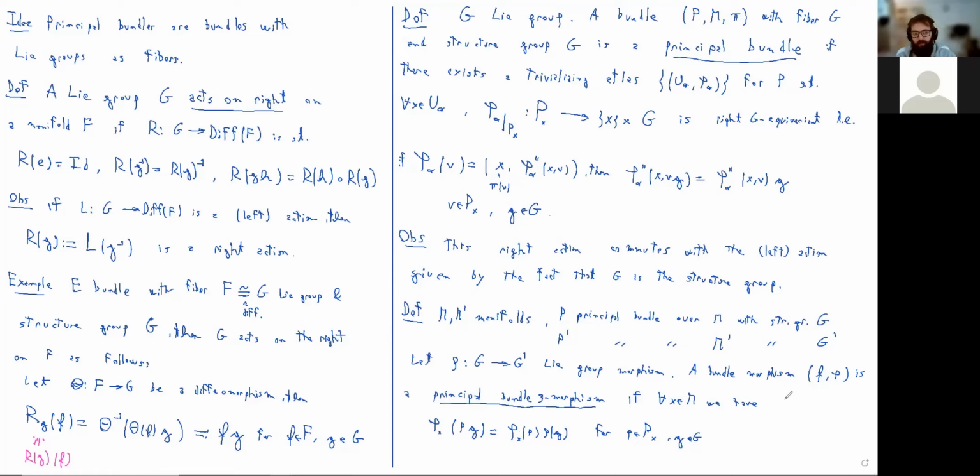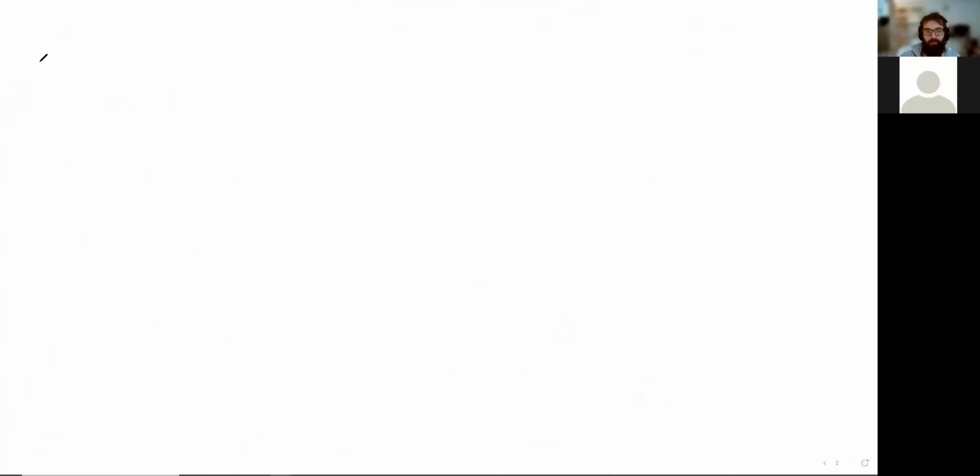And we showed an example where we do have a fiber which is the Euclidean space, and the group is GL_N, but we do not have a vector bundle. Nevertheless, we were able to construct another bundle, which was a vector bundle, and which was equivalent to our given bundle, which was not a vector bundle. And here we have something similar.